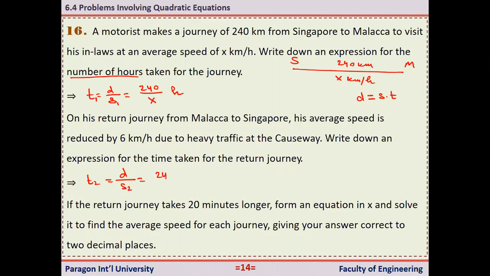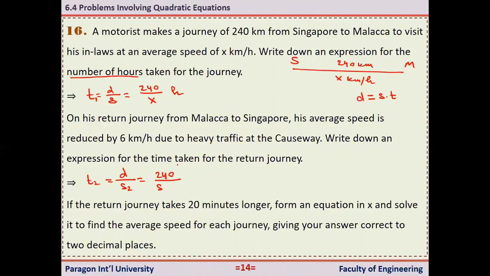And distance is 240 kilometers, but here it says that his average speed is reduced by 6 because of the traffic jam. So the speed is s sub 2. In terms of s, s sub 2 is 6 kilometers per hour less than this s.